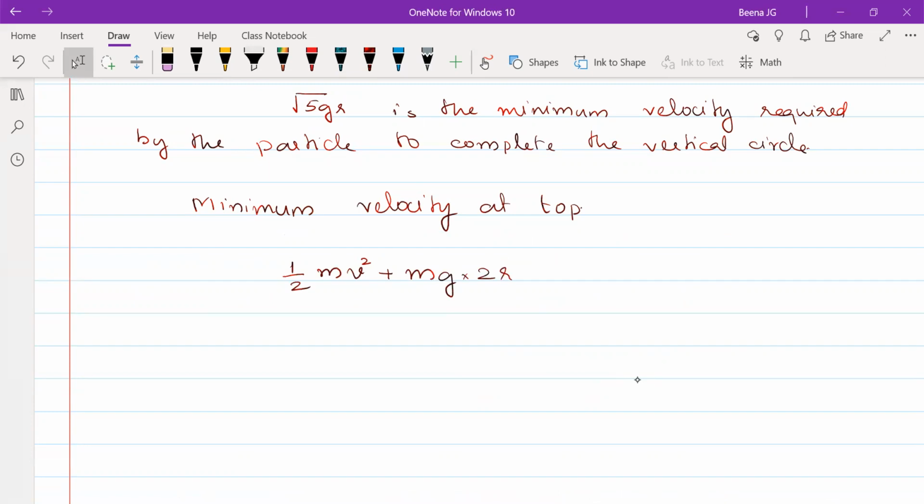This is the total energy at the top, which will be equal to half mu square. The mass will get cancelled, and you can tell v square is equal to u square minus 2g into 2r. Just note down here, h is equal to 2r. That is the reason that's coming.